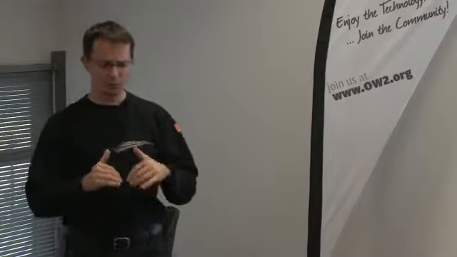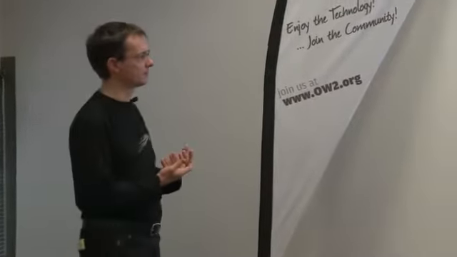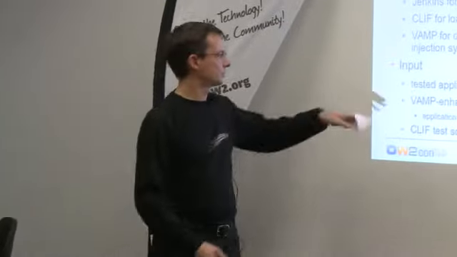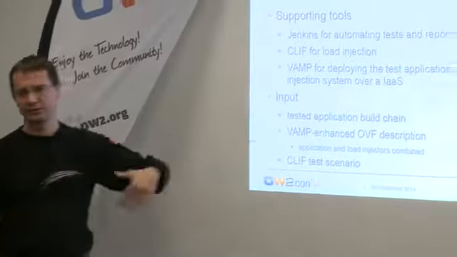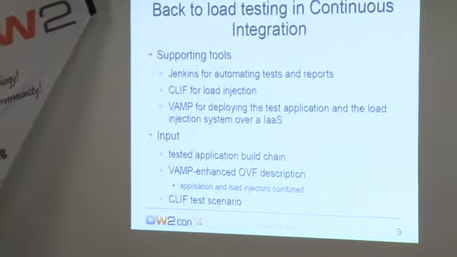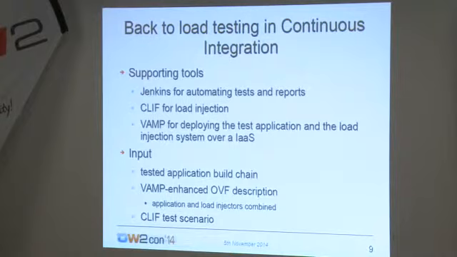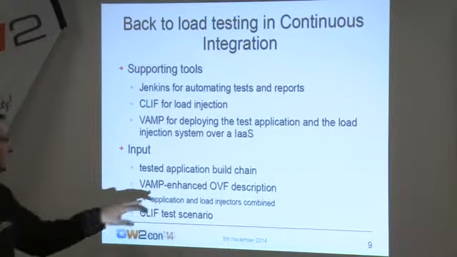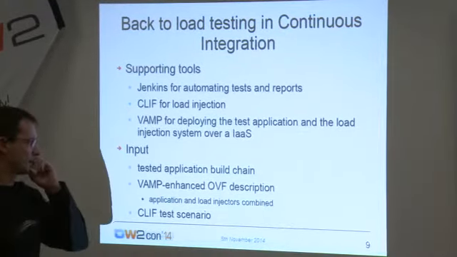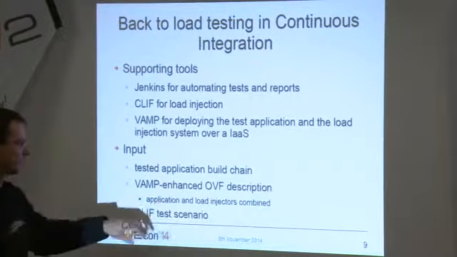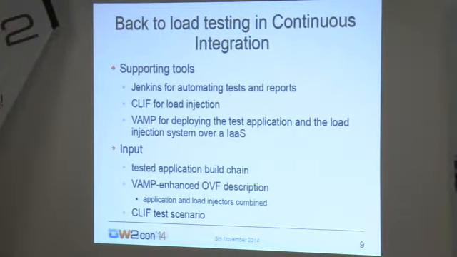So what we have to give as input to this system is, of course, the application under test, the build chain, as usual in continuous integration. And then we also have to provide an OVF description of the architecture of this overall application.